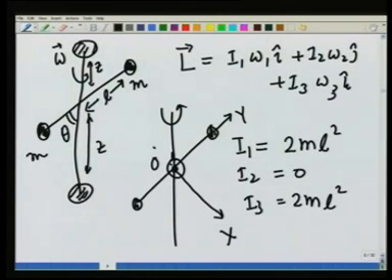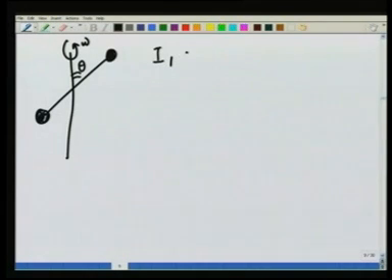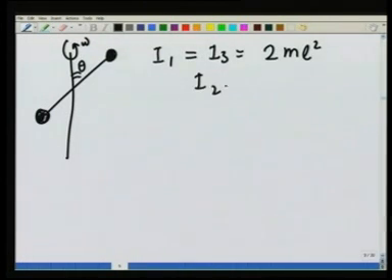This is omega. So, omega has two components. Let me go to the next screen and show you. This is the body, this is omega, this is theta. I1 is equal to I3 is equal to 2 m L square, I2 is 0.